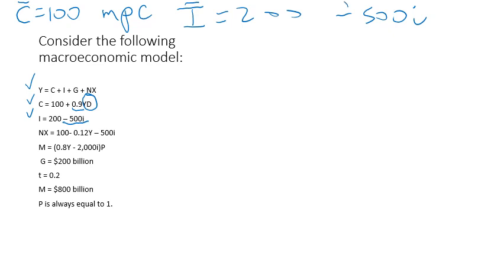This negative sign tells us there's an inverse relationship. In other words, if interest rates go up, then physical investments go down, and the opposite is also true. Okay, and the fourth function is net exports, and you see the 100 there.